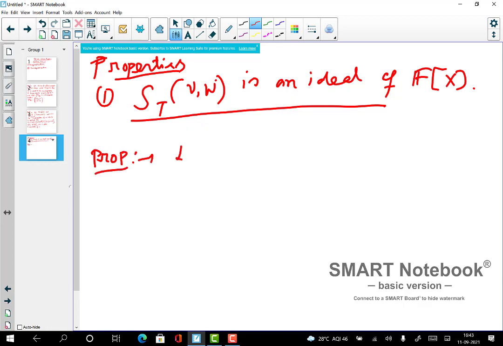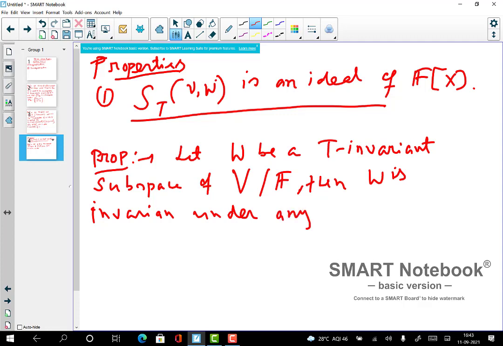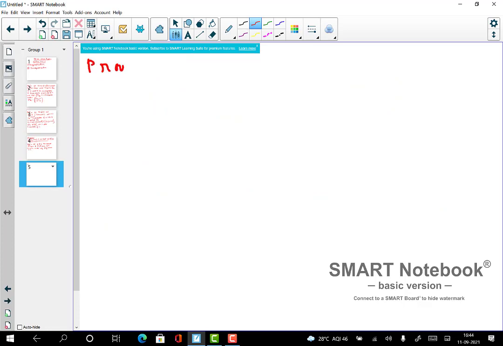Let W be a T invariant subspace of a vector space V over a field F. Then W is invariant under any polynomial in T. Okay, and that is an obvious proof.